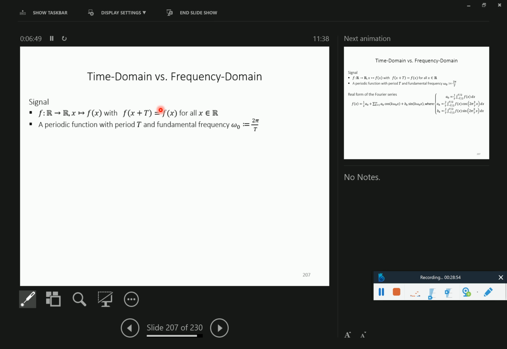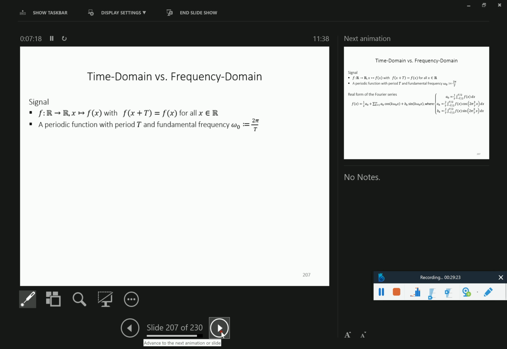The nice thing is if you apply this to real data, the period can just be your whole observation interval, so you don't actually have to have a periodic signal. You can just concatenate signals that you have observed again and again behind each other, so then it's periodic. And so that's kind of the signal.